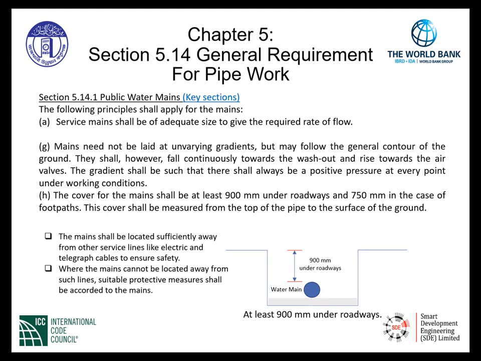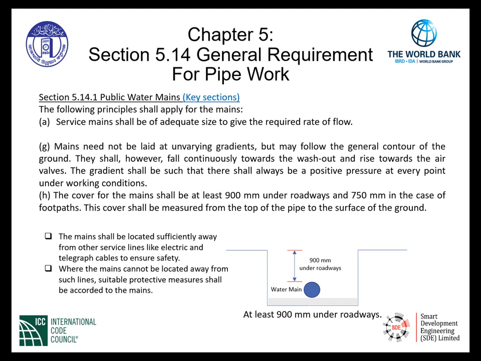As indicated, the main shall be located sufficiently away from other service lines like electric and telegraph cables to ensure safety. Separation is of the utmost importance here. Where the mains cannot be located away from such lines, suitable protective measures shall be accorded to the mains.